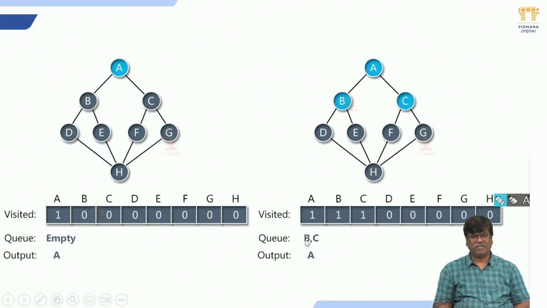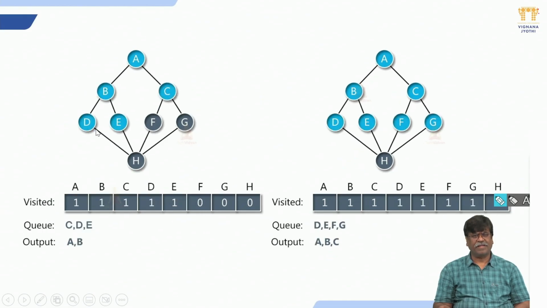So first I inserted B. So remove B from the queue and search what are the adjacents present for B. For B there are two adjacents, D and E. So next you can visit D and E. Make these two as visited and include this D, E to the queue, and B will be sent to the output. So your output is A, B.